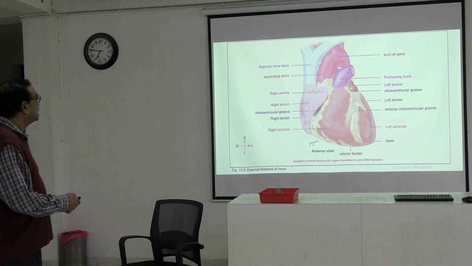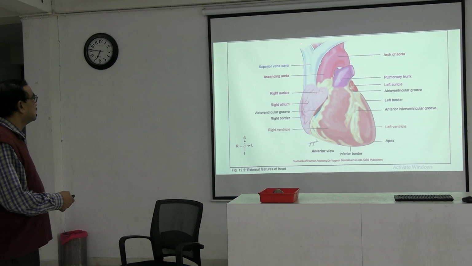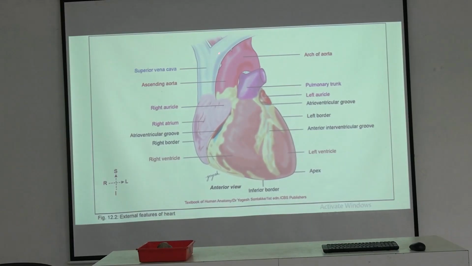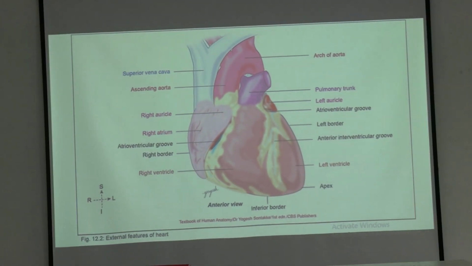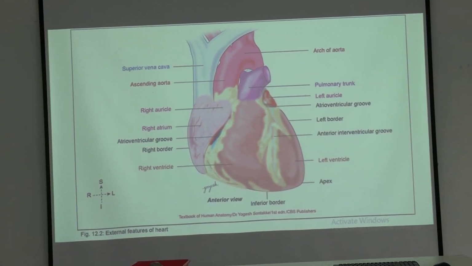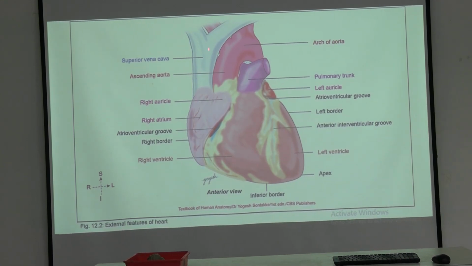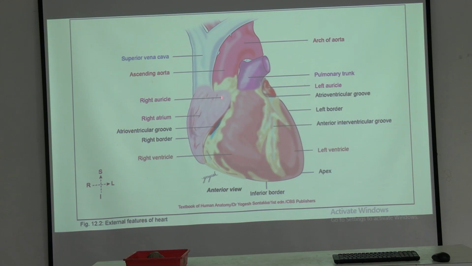Here you can find the right and left brachiocephalic trunk. You have seen in the cadaver, in the superior mediastinum, they join to form the superior vena cava, which drains into this part of the heart. And it is visible from the front, that is the right atrium.